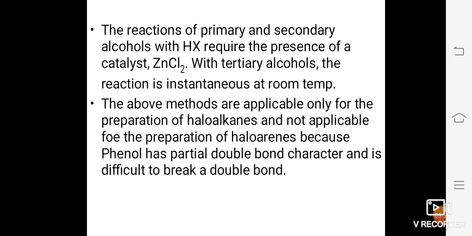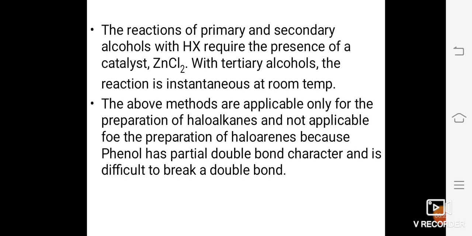So when primary and secondary alcohols are treated with halogen acids, they generally require a catalyst like zinc chloride, while with tertiary alcohols the reaction is instantaneous at room temperature and they do not need a catalyst.